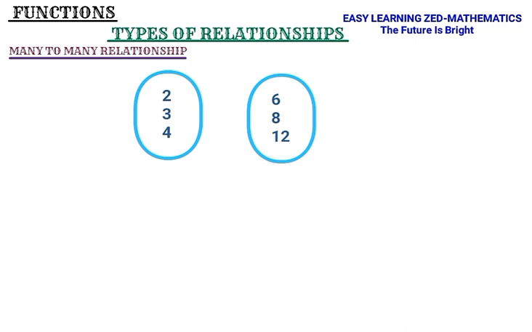For instance, let's look at 2. 2 can go into 6, as well as into 8, and also into 12. So 2 alone is connected to 3 numbers. 3 can go into 6 as well as into 12. 4 can go into 8 as well as into 12.